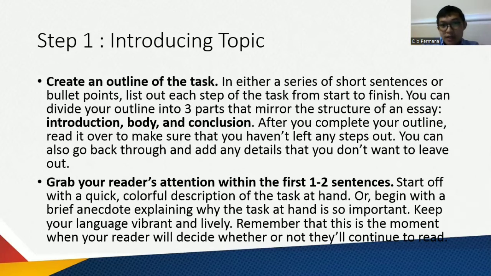In either a series of short sentences or bullet points, list out each step of the fact from start to finish. You can divide your outline into three parts that mirror the structure of an essay: introduction, body, conclusion. After you complete your outline, read it over to make sure that you haven't left any step out. You can also go back through and add any detail that you don't want to leave out.